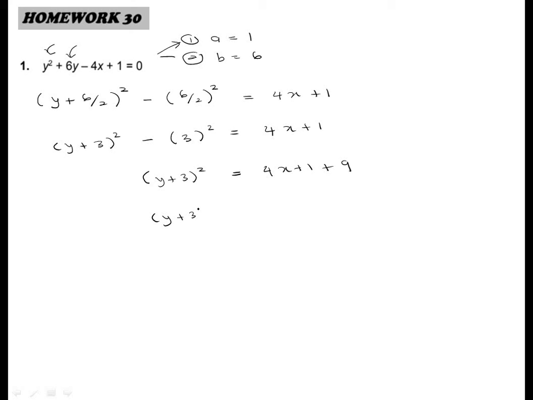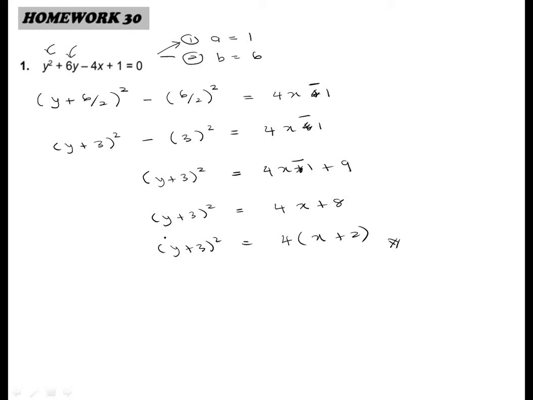We get y plus 3 squared equals 4x. This is supposed to be minus, not plus. So 9 minus 1 is 8. And then we can factorize 4.